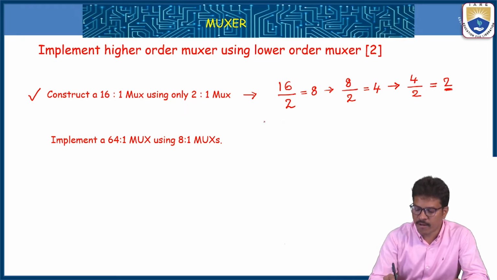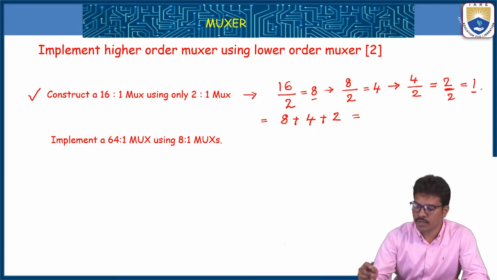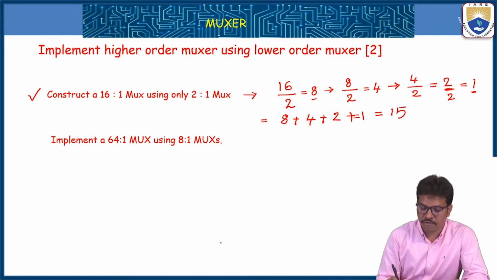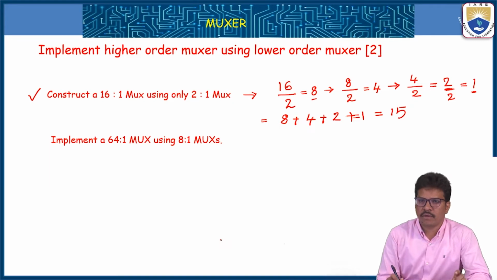Then we add all the quotients: 8 plus 4 is 12, 12 plus 2 is 14, 14 plus 1 is 15. So 15 multiplexers are required.